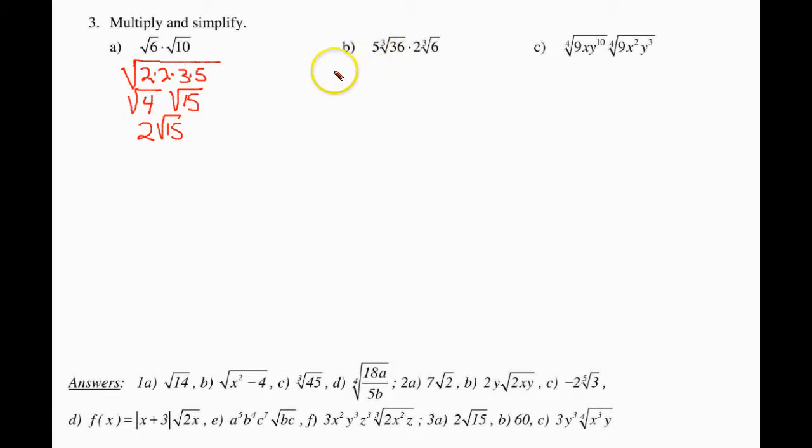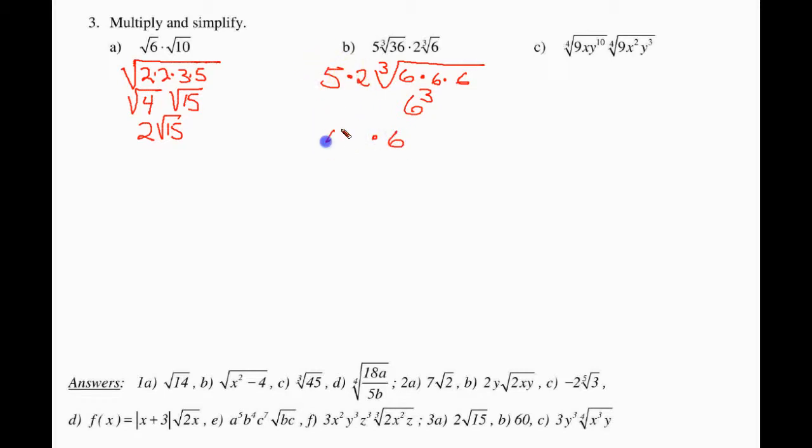And here we have a 5 times 2 times the cube root of 6 times 6 times 6. What is that? 6 to the third. What's the cube root of 6 to the third? Well, it's 6.